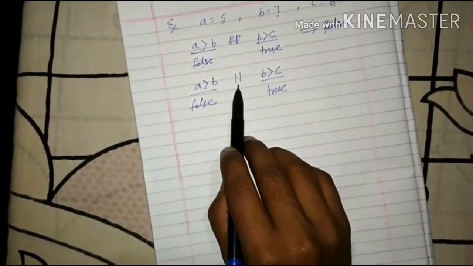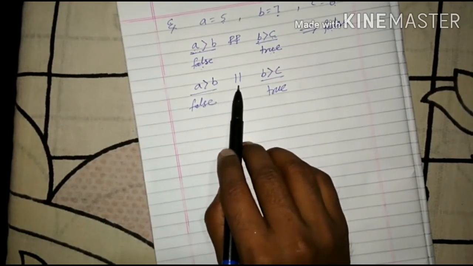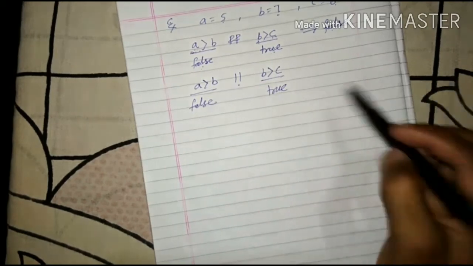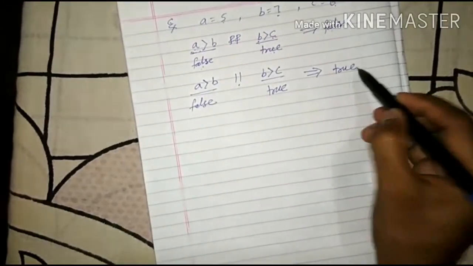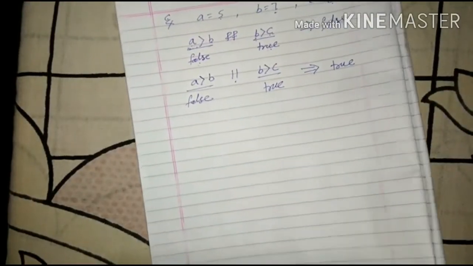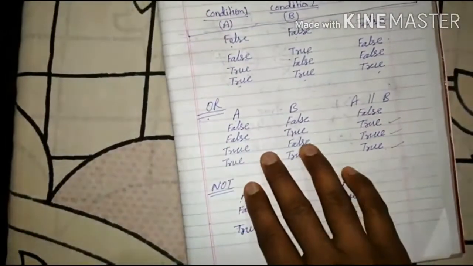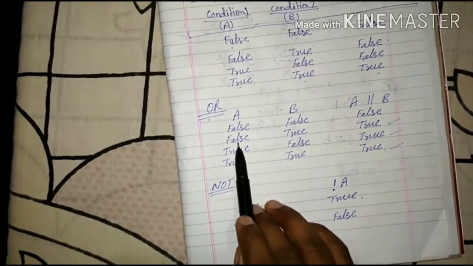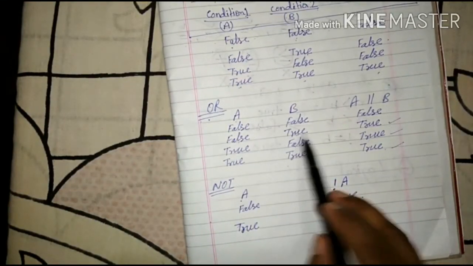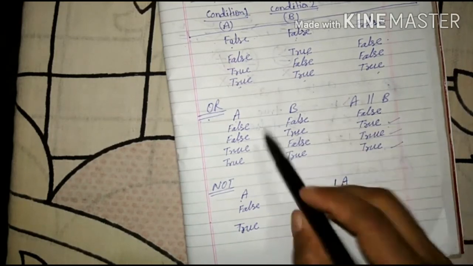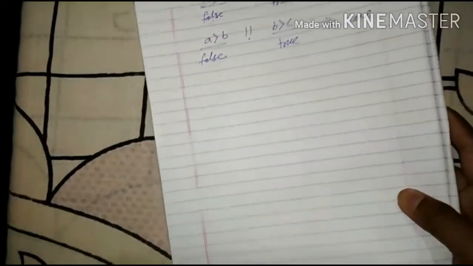But here you can see the OR operator is used, so the result will be true. Why will the result be true? You can analyze from the table. OR, false, true. The first condition is false, the second condition is true, then the result will be true. From this example I think you can easily understand.